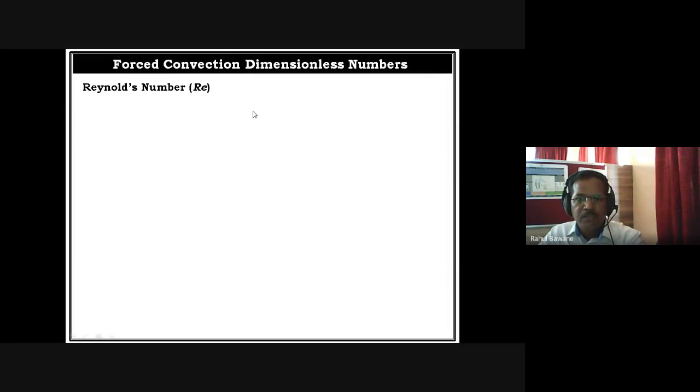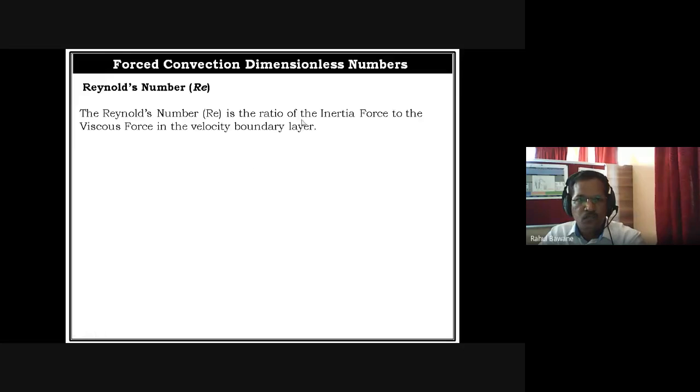Reynolds number is the ratio of inertia force to viscous force in the velocity boundary layer, because this portion is already covered in your fluid mechanics also.